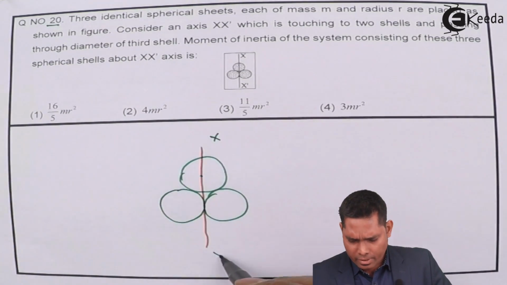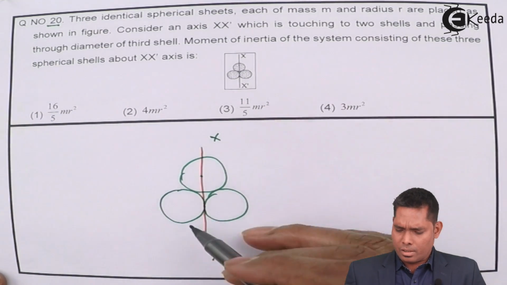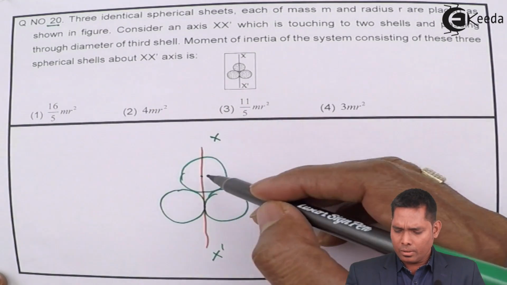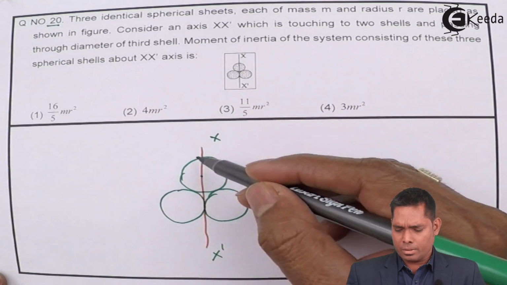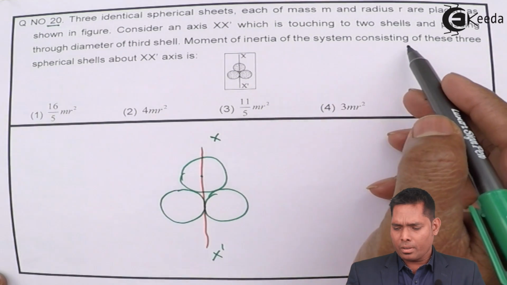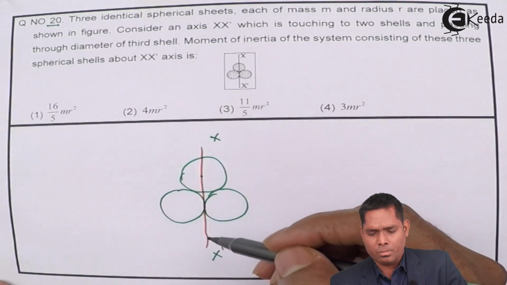This is x and x prime, which is touching two shells and passing through the diameter of the third shell. The moment of inertia of the system consisting of these three spherical shells about this axis will be what?